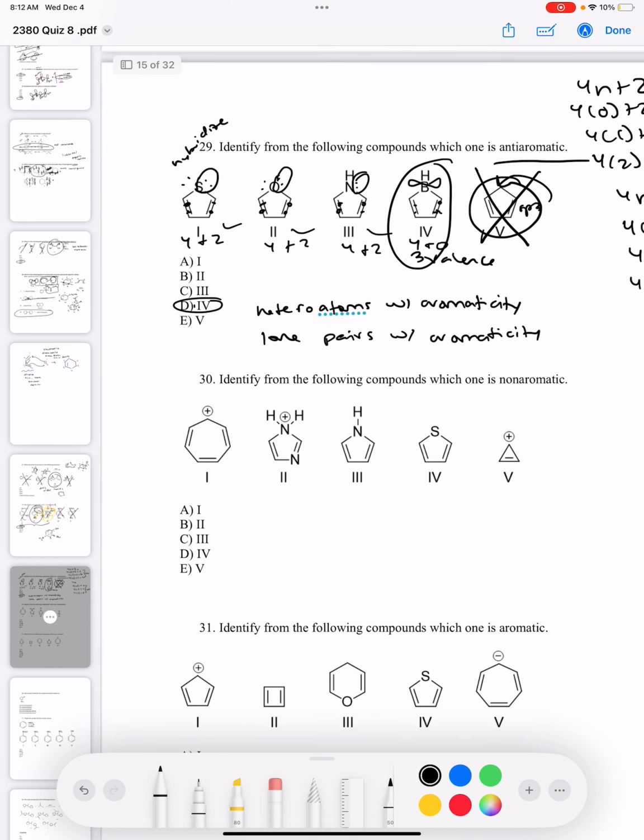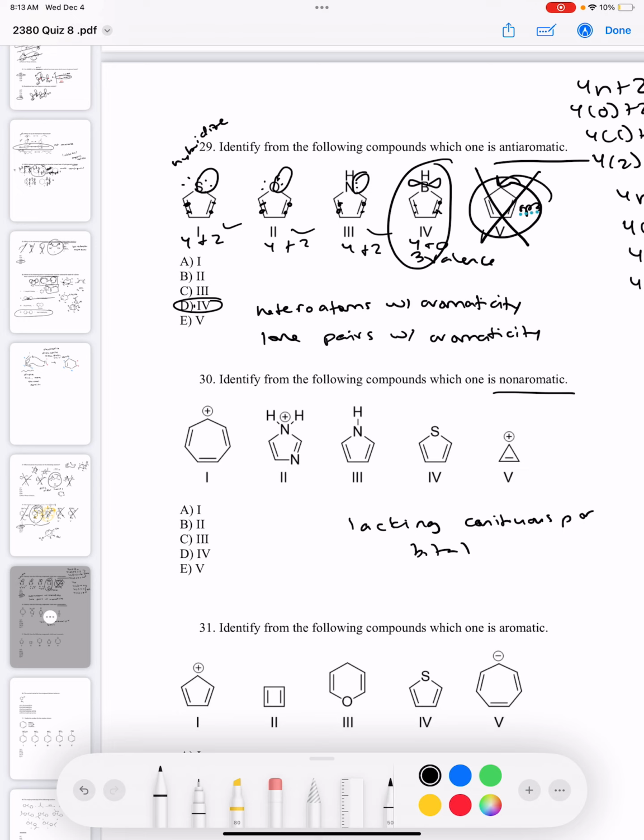Okay, next question. Identify which one is non-aromatic. So this would be lacking a continuous pi orbital, or if it has eight or more electrons.